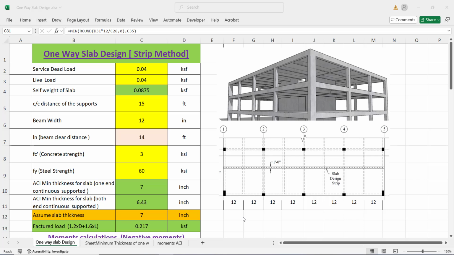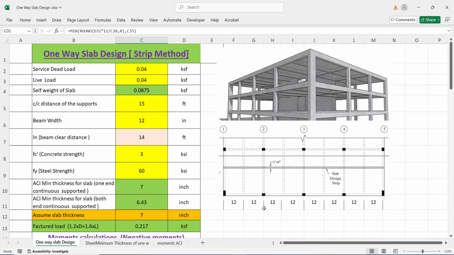So first of all, we will start from the material properties and load applications. Suppose we have a simple one-way slab having a 12 feet span, supported by RCC beams on both sides.